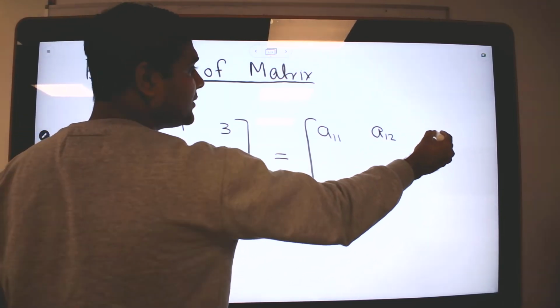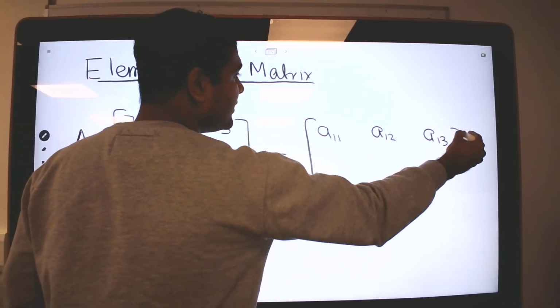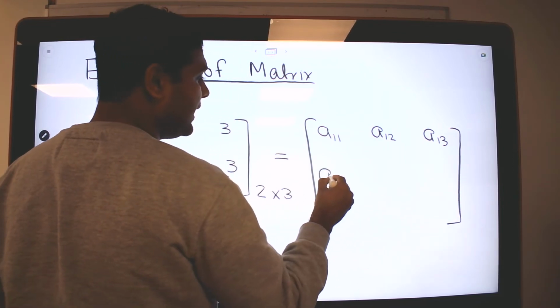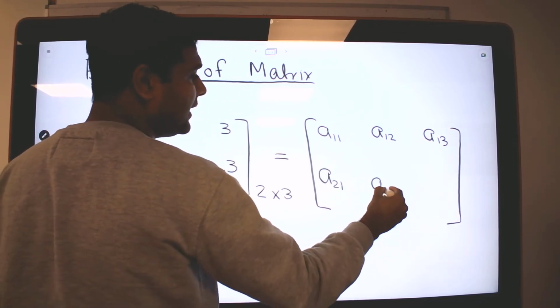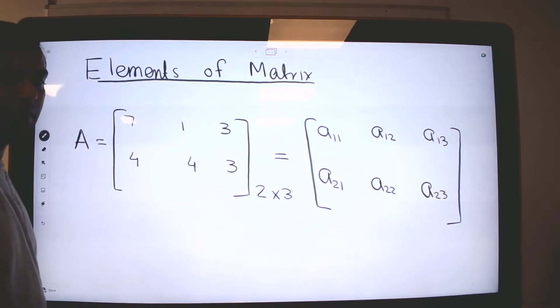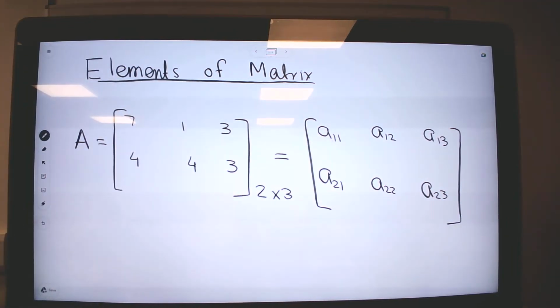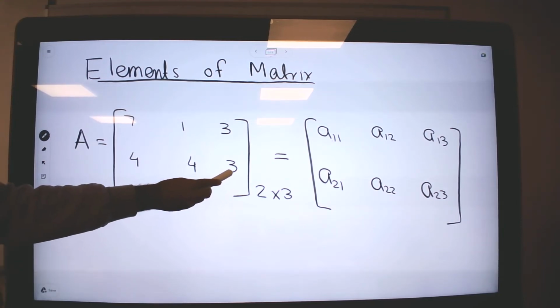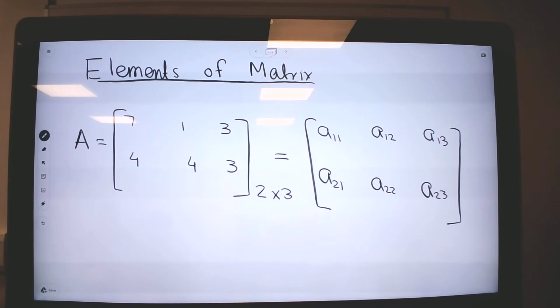A12, first row, second column. A13, first row, third column. A21, A22, A23. Now I say, can you please pick me element A23? That's the element A23, second row, third column.